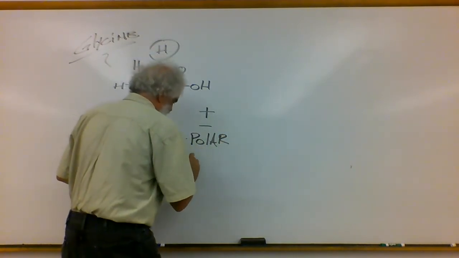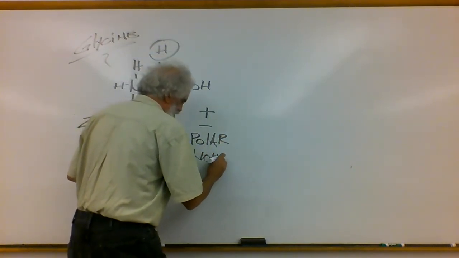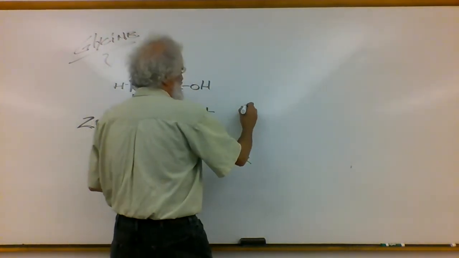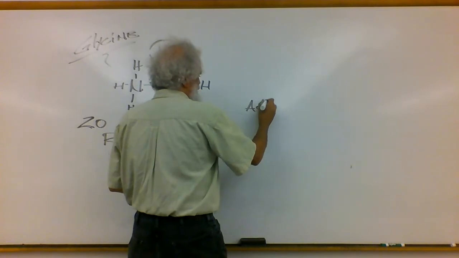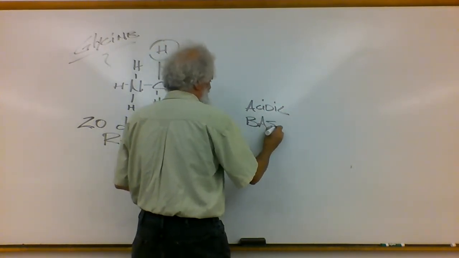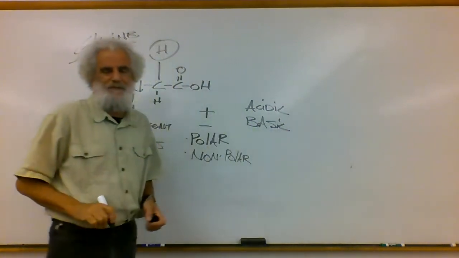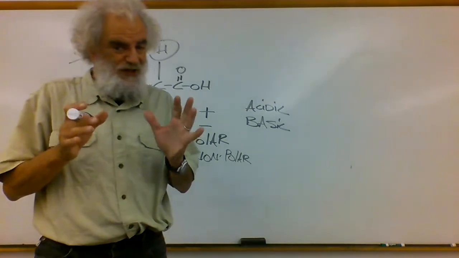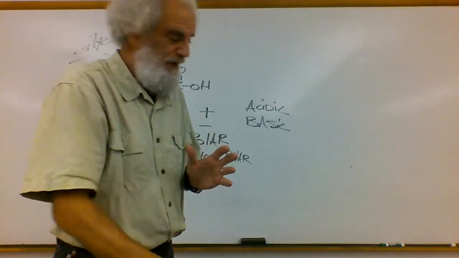They can be non-polar, kind of fatty-like. They can be acting a little bit like weak acids. They can be acidic, or they can act like weak bases. They can be basic. So this allows for some interesting kinds of molecules now to be built.